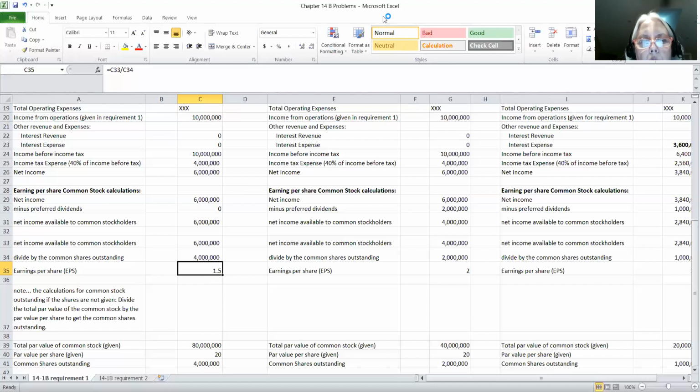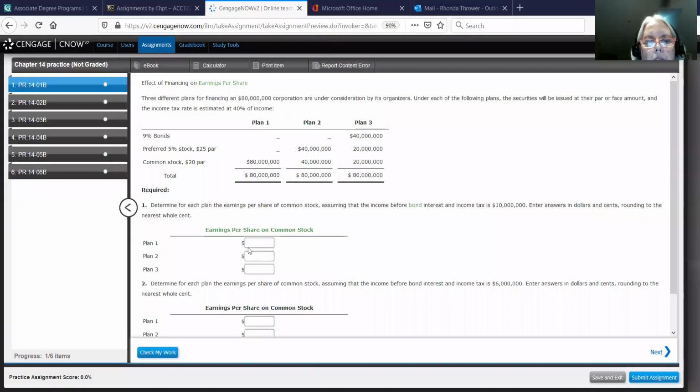So I'm going to stop sharing this Excel screen with you, and I'm going to go back to Cengage, and we're going to enter the information into Cengage. So right here in plan number 1, they want you to put $1.50.